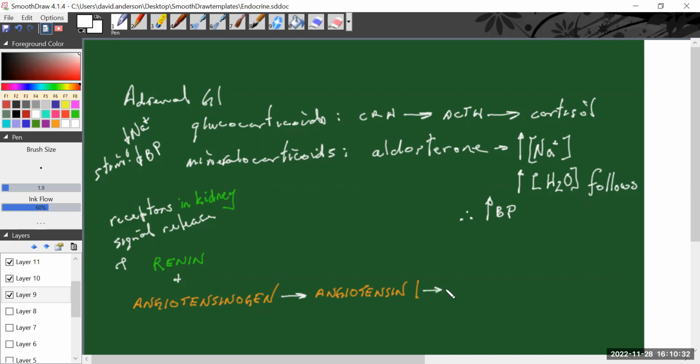A second one. Angiotensin 2. Yeah, there's at least a 2, right? Because we named that one 1. We're not going to do that if it's the only one. So we'll come back to angiotensin 2 in just a second. So it was the combination of renin and angiotensinogen that gave us angiotensin 1.